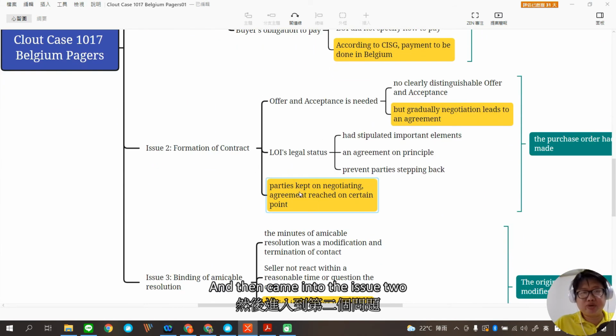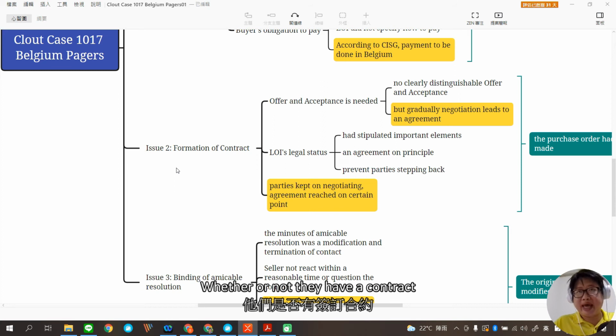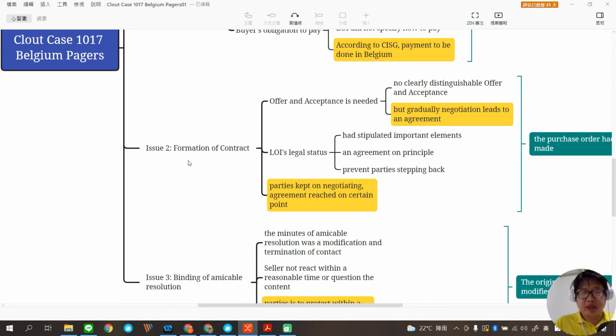And then came issue 2, whether or not they have a contract. For a contract to be formed, there should be offer and acceptance.